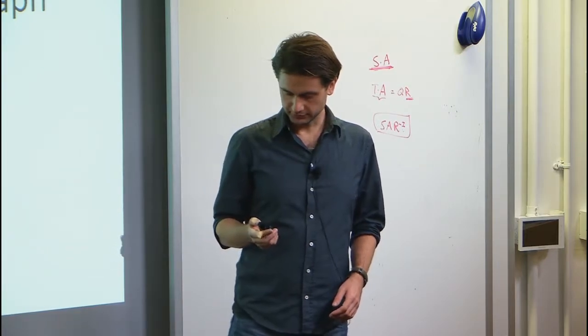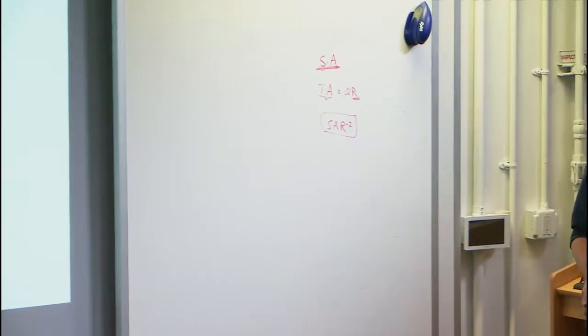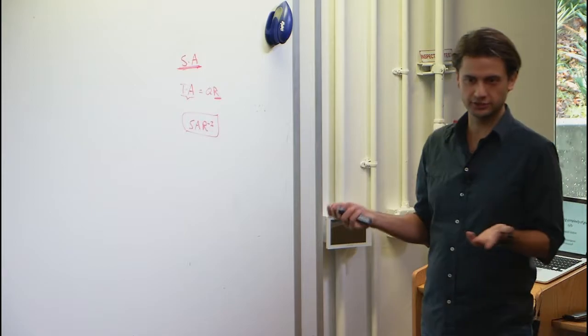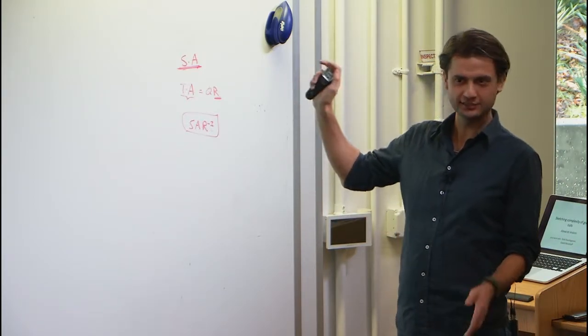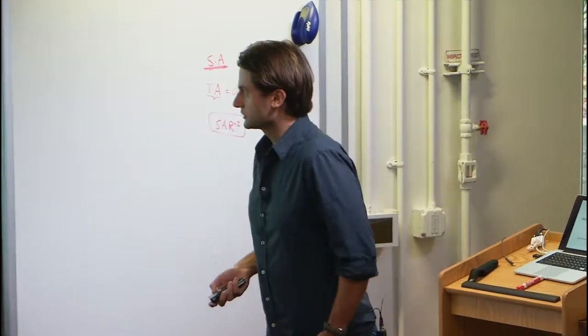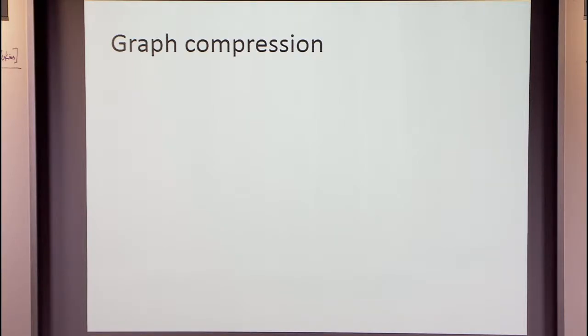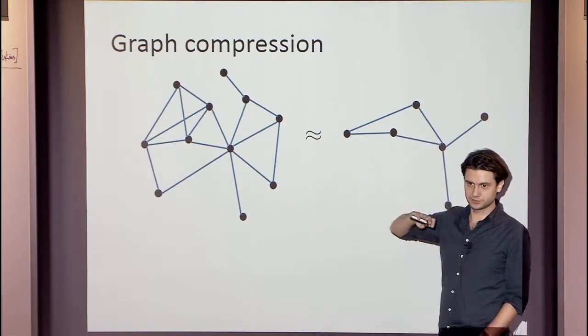This is about a particular result, about a particular construction, but just to place it in the context of where the question comes from, I want to spend a few quick slides on the slightly bigger picture. In general, we may be curious about graph compression, which means that we have a big graph and we want to construct a smaller graph such that this smaller graph somehow looks like the big graph.